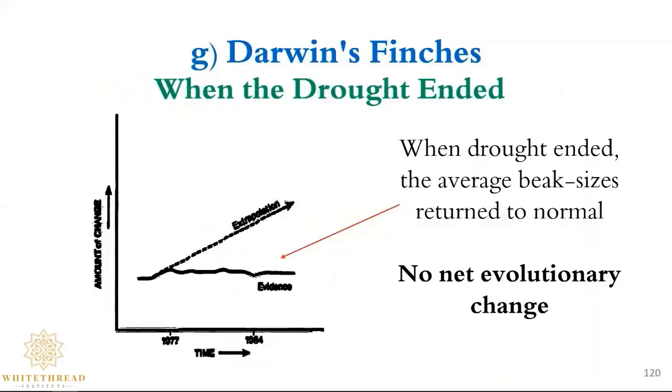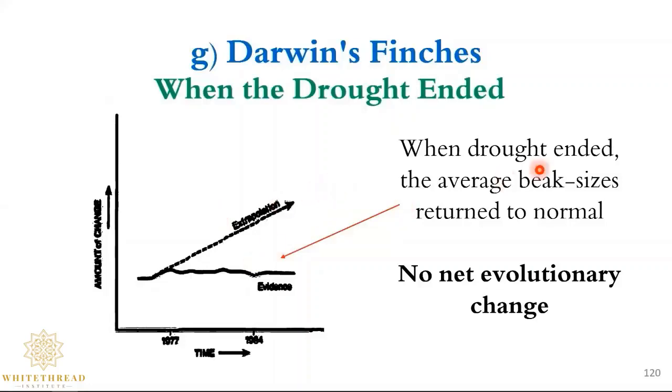The problem is that when the drought ended, the average beak sizes returned to normal. So there was a slight 5% increase in the beginning, and the Darwinists made an extrapolation upwards, and you can see the amount of change we're dealing with towards a speciation event.